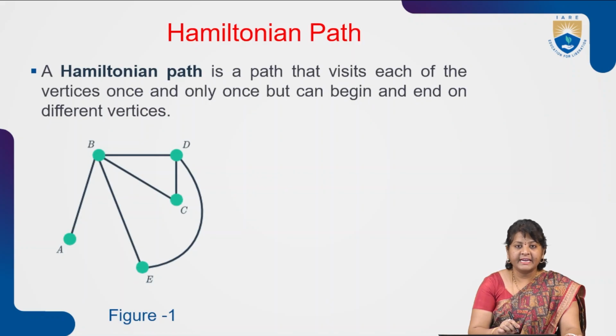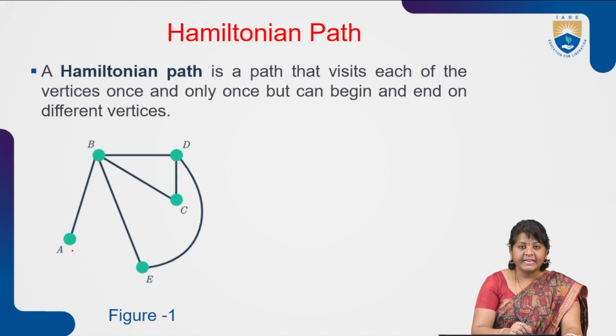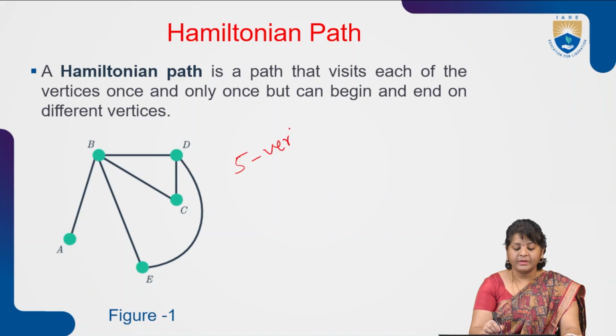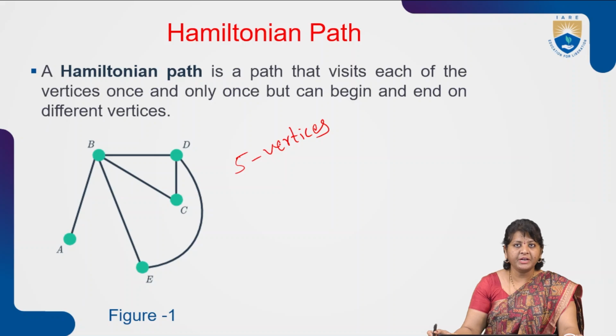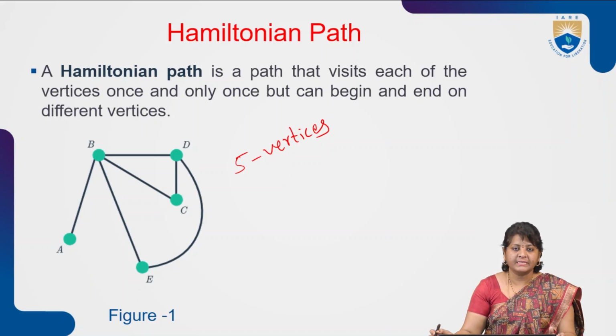Let me take a graph having 5 vertices: A, B, C, D, E. As per the definition, a Hamiltonian path is a path that visits each of the vertices once and only once, but can begin and end on different vertices.